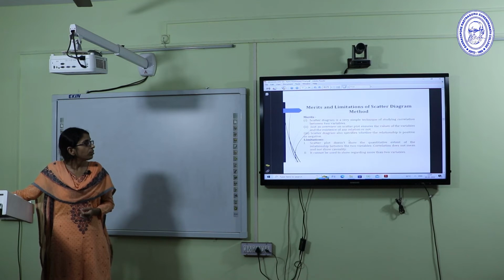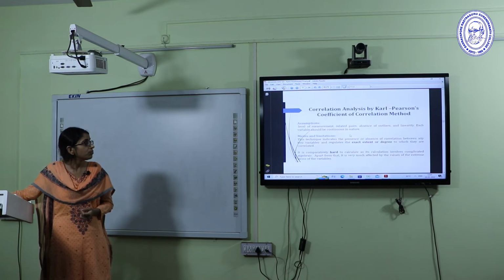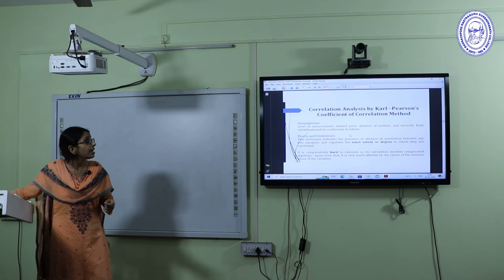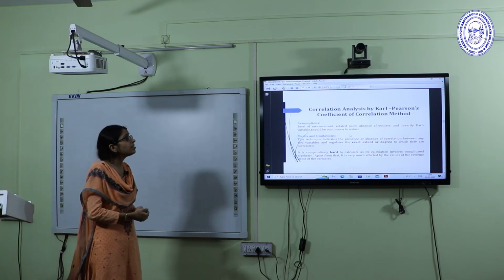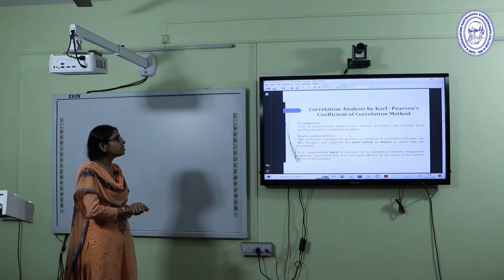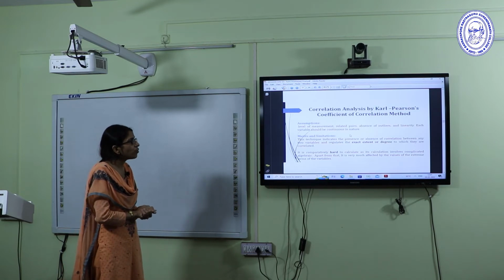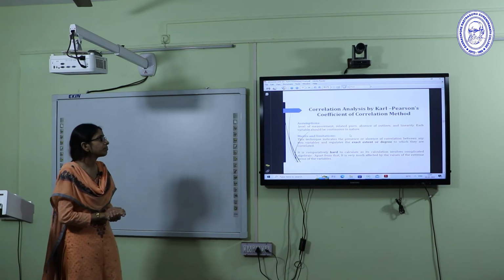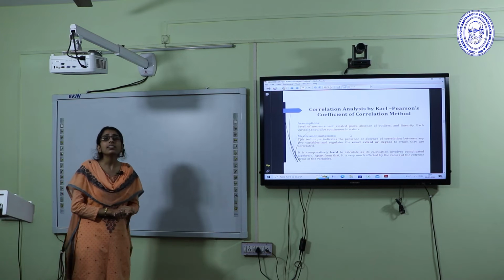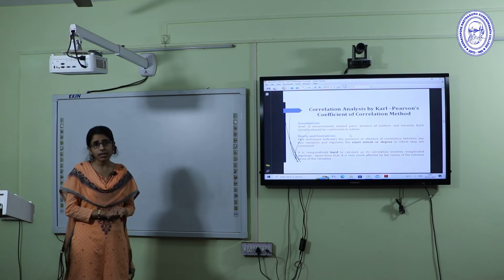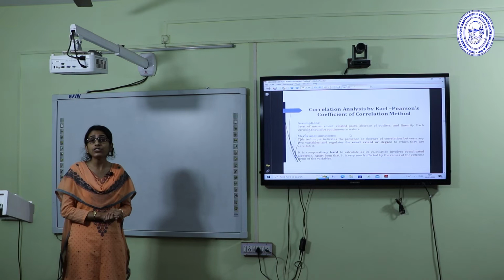Now we come to the third method, which is very important, that is correlation analysis by Karl Pearson's coefficient of correlation method. Basically, this method was derived by Karl Pearson in 1920 with the help of arithmetic mean and standard deviation.